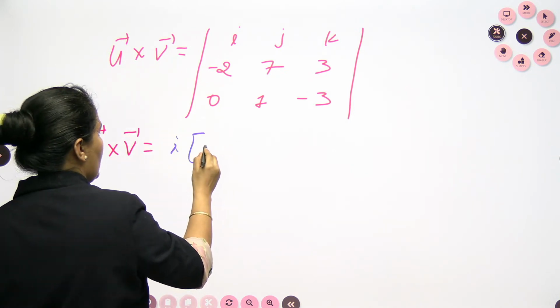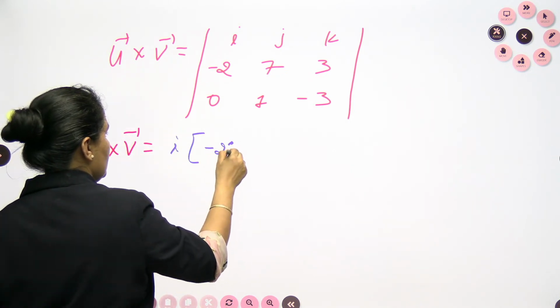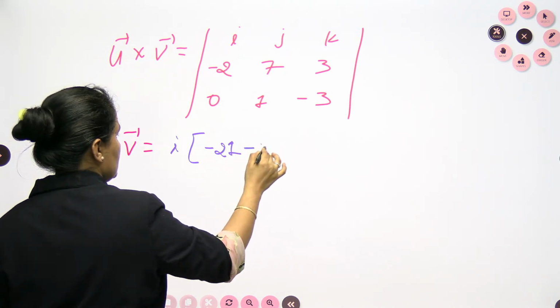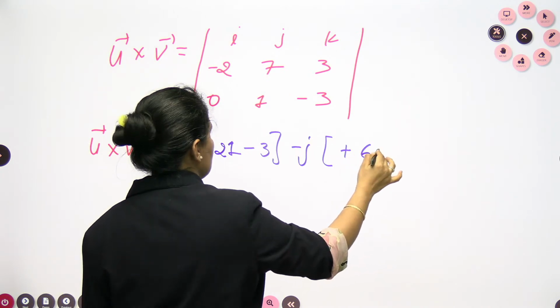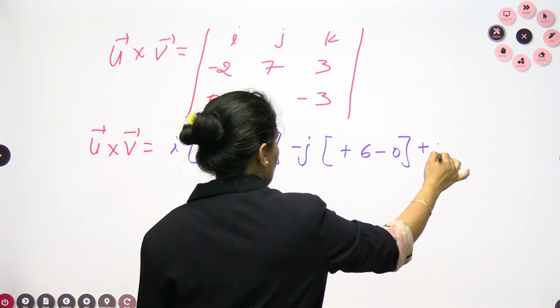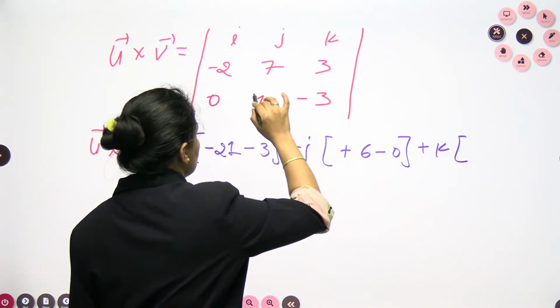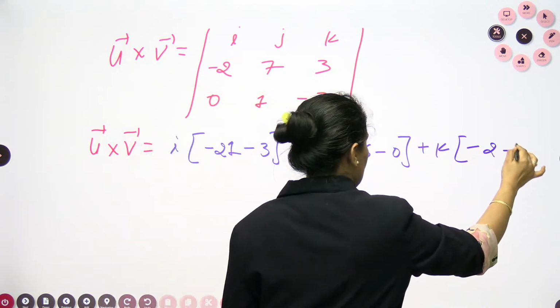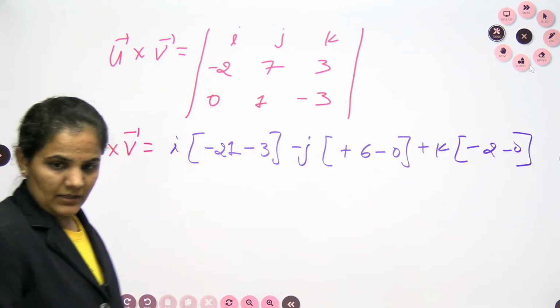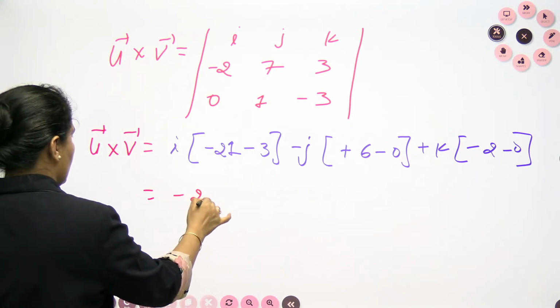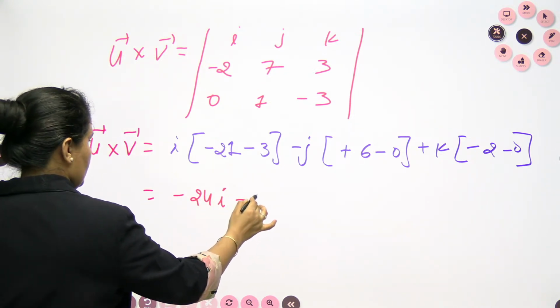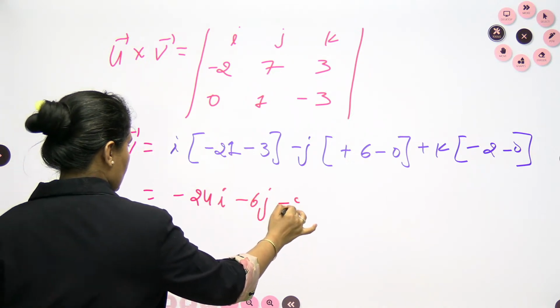With respect to i, it is -21 minus 3, which is -24; minus j, it is minus (6 minus 0); plus k, it is -2 minus 0. So I can write down this is -24i minus 6j minus 2k.